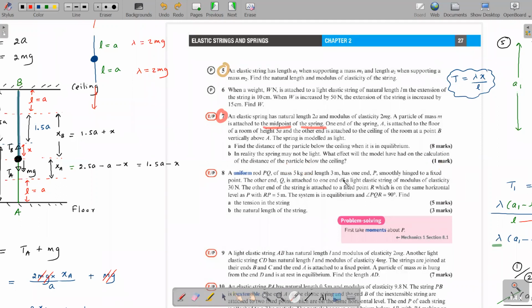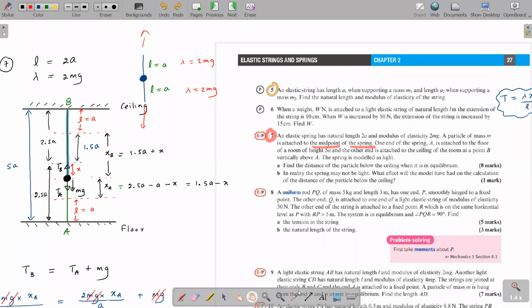You need to give a comment about the distance of the particle below the ceiling if the spring has its own weight. So if the spring has its own weight, what do you think will happen here? Now you saw here that due to the weight of the particle, it is displaced from the center downwards, right? So if there is weight of the spring as well, what happens?